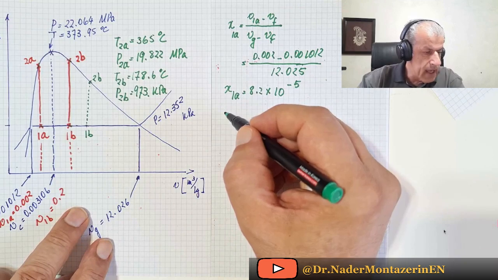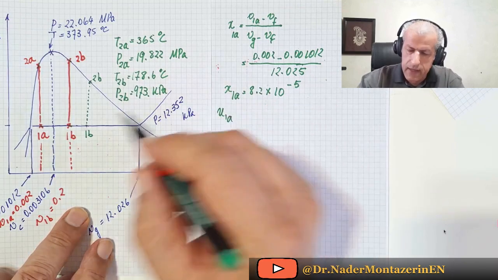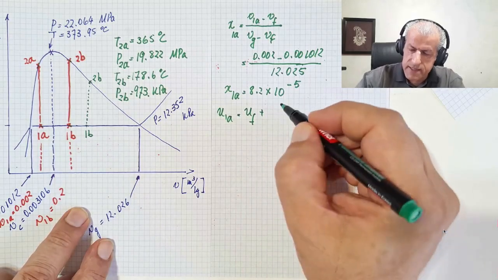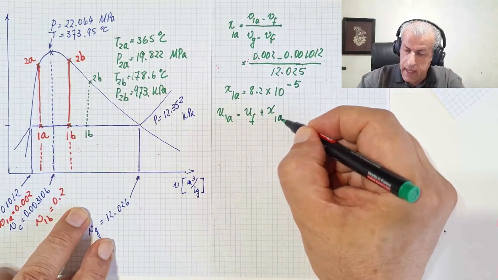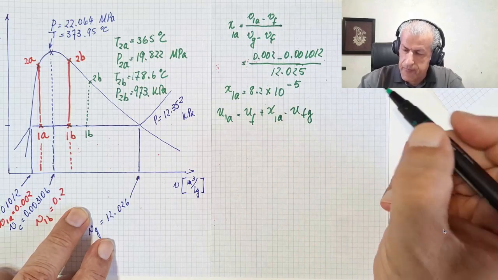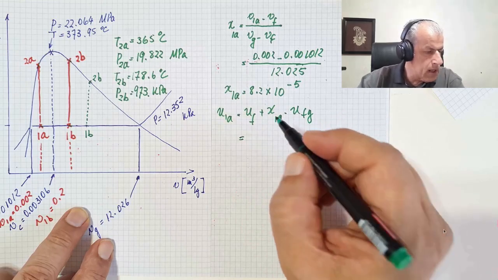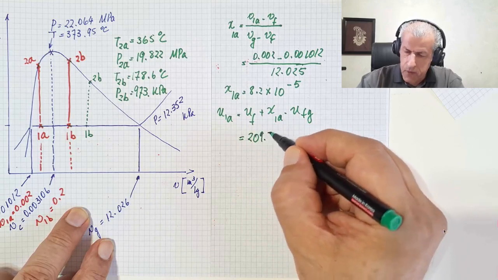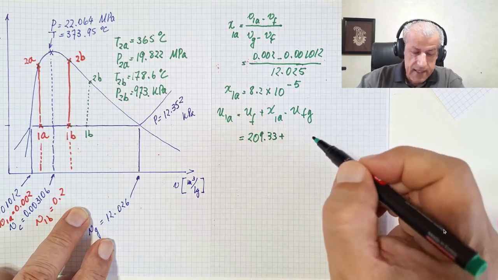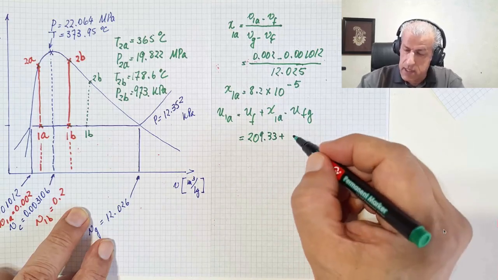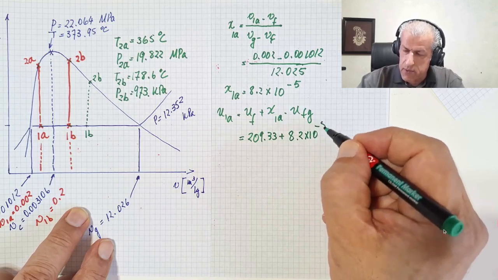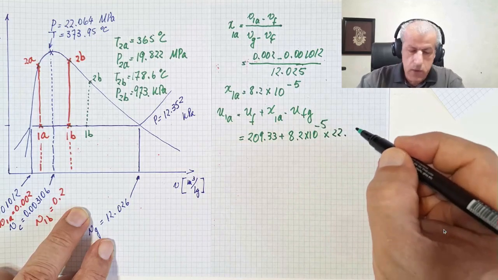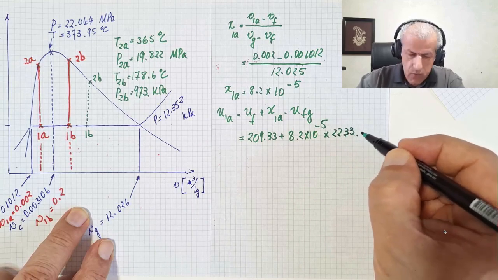U1A, the specific energy here, is Uf plus x1a times Ufg, and that would equal Uf, which is 209.33, plus x1a, which we just calculated to be 8.2 times 10 to the minus 5, times Ufg, which we learned to be 2233.4.